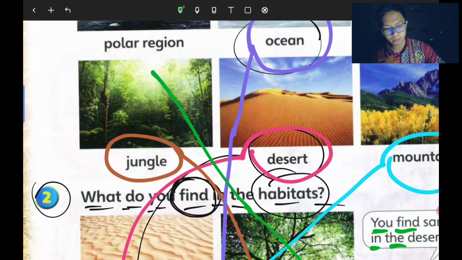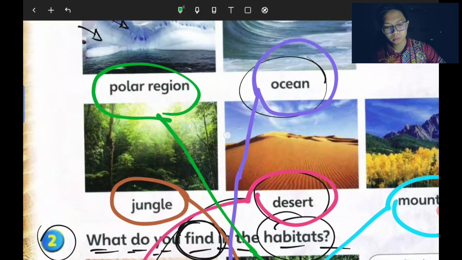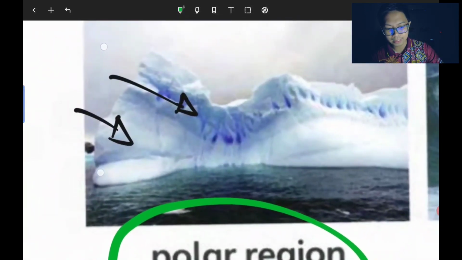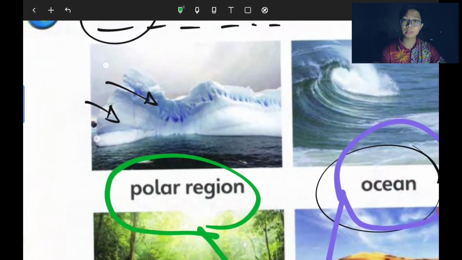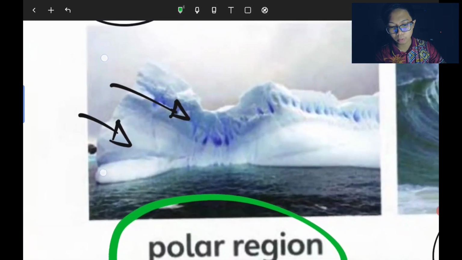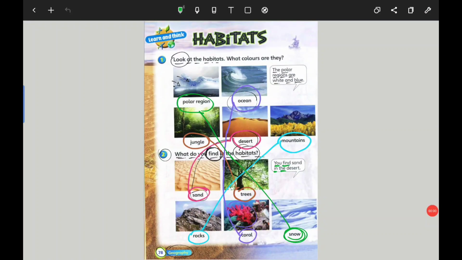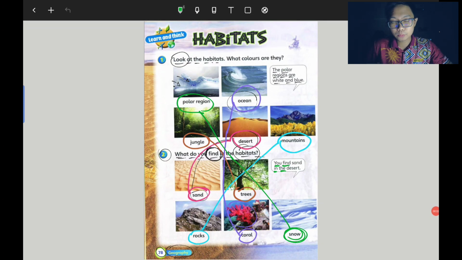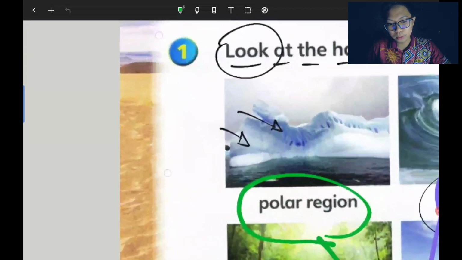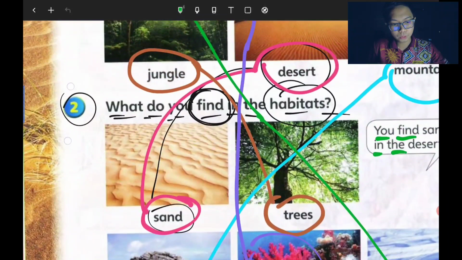In the polar region right here, right? You can find snow in the polar region, the cold place, tempat yang sangat-sangat sejuk, super duper cold. Okay. Alright, so we have done with activity 1 and activity 2.